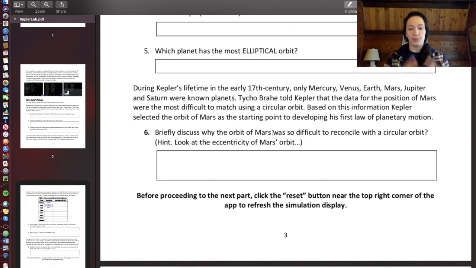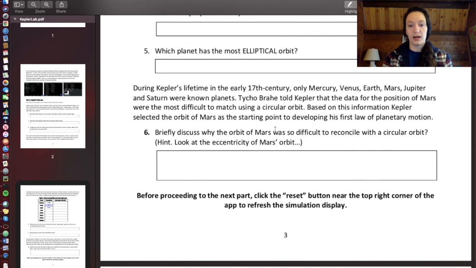Because if a planet is this far away from the sun, and it has a circular orbit, then we should be able to predict where it's going to be in a certain amount of time. However, if one of the things you're basing that prediction on is wrong, such as the assumption that it's a circular orbit, it won't be in the right position that you predicted it to be. It'll be somewhere else. So think about that.